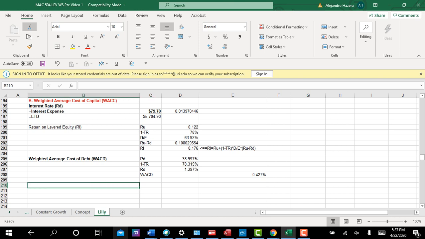Okay, the next one is the weighted average cost of equity. Let's put an acronym in there for now. Let's call it WACE or something like that. This is in a sense a much easier formula because it's just going to include two things.